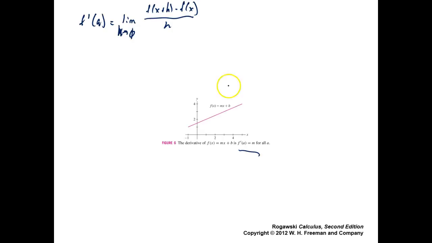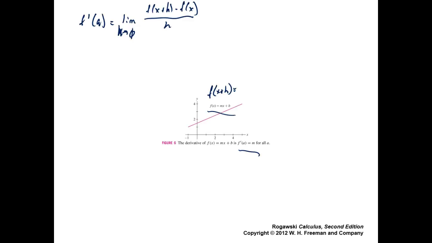Okay, so with this being your function, then we need to calculate what f of x plus h is. Right? And what would that be? Okay, what we're doing, here's your f function. F is equal to mx plus b. What we're doing is figuring out what f of x plus h is.